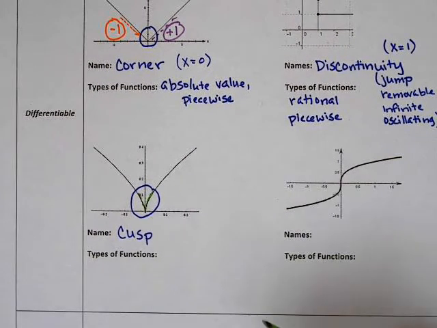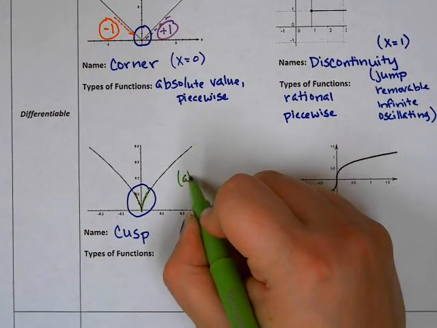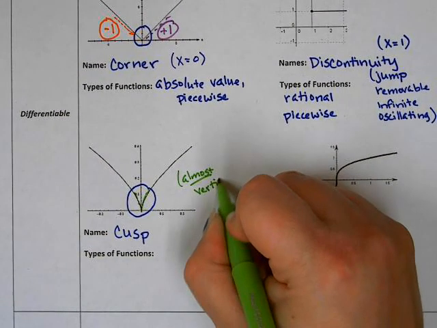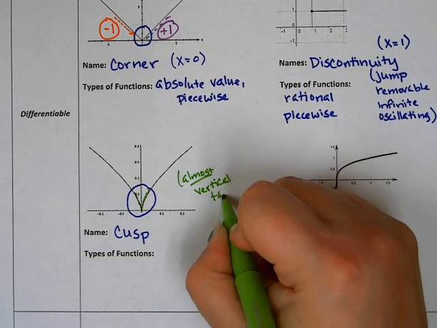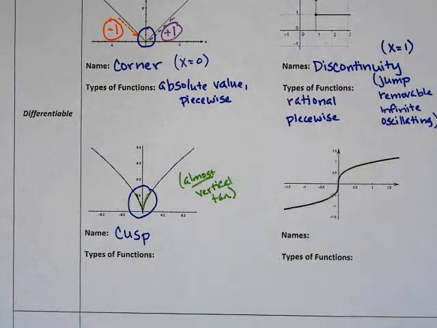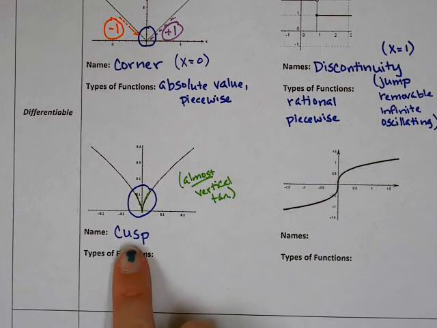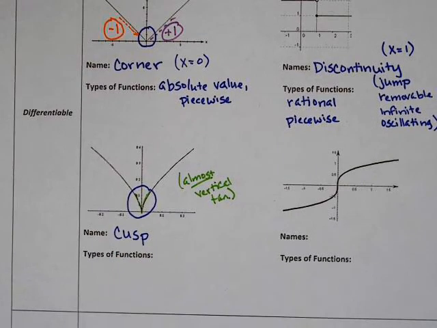All right, we can write that. It's almost a vertical tangent. Not quite, but almost, and they kind of curve in towards each other. So that's what we call a cusp, okay?